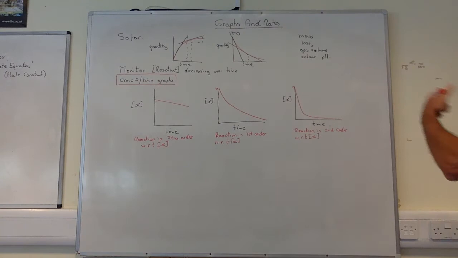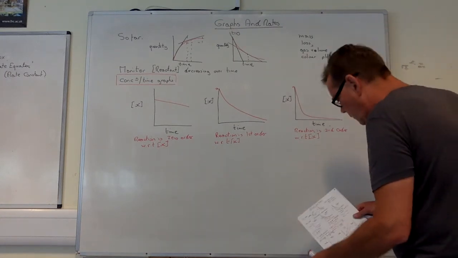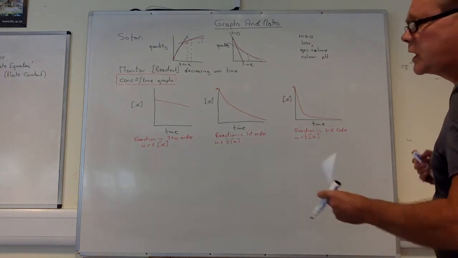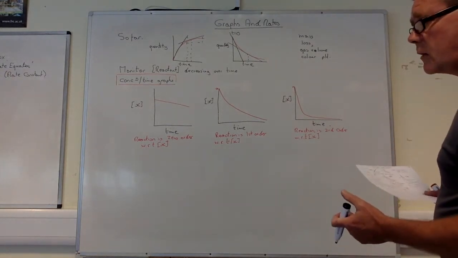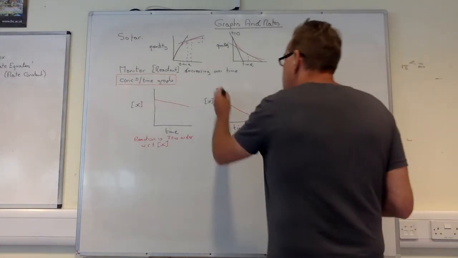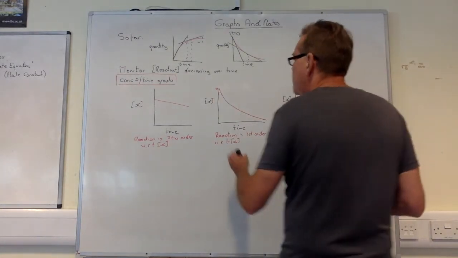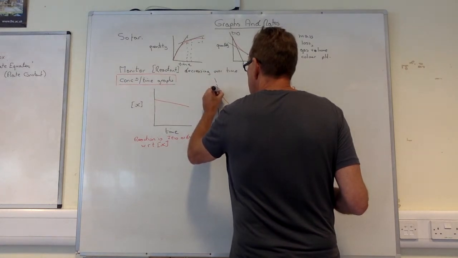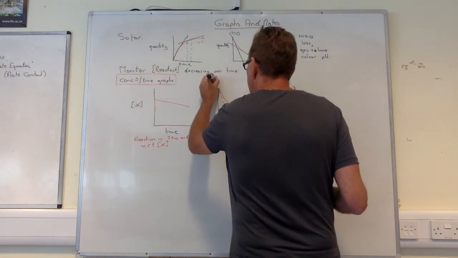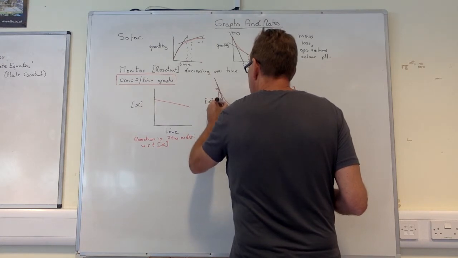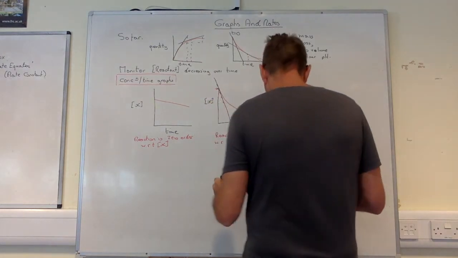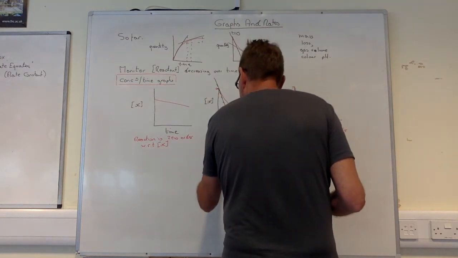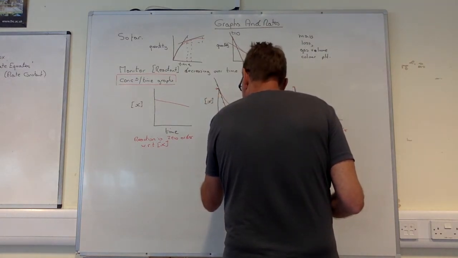And you might say, how do you tell them? Because they look a bit similar. Right, and these are A-level questions. You can get a huge amount of information from these graphs. So this one, you can do a gradient at the initial concentration, a gradient there. The gradient there is the rate, the initial rate.